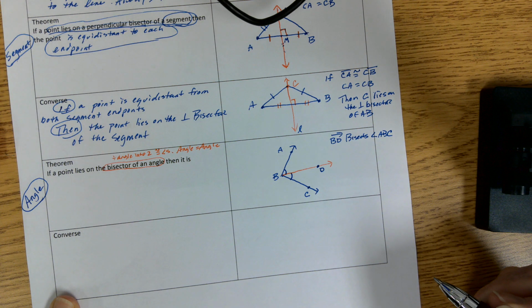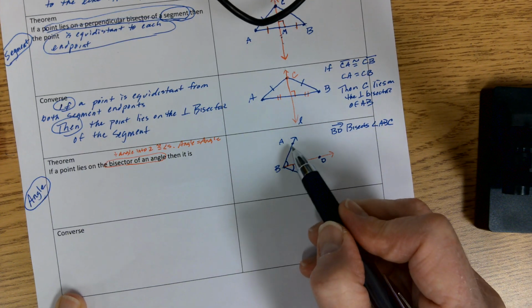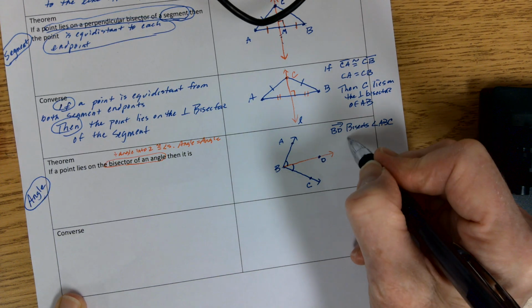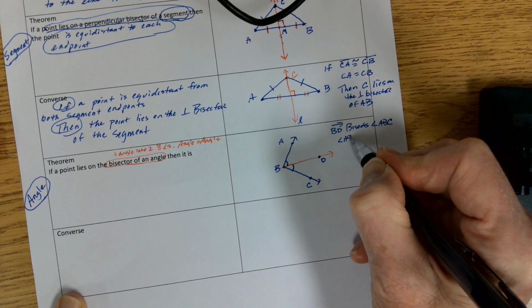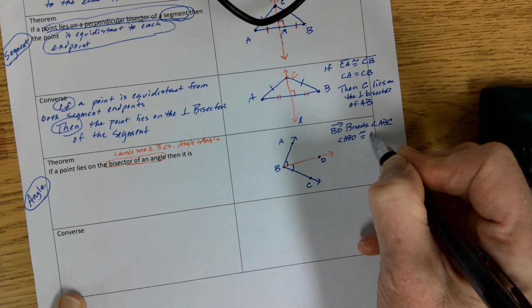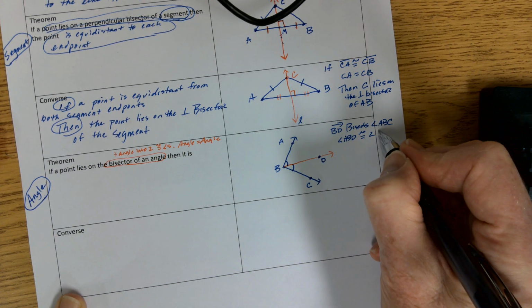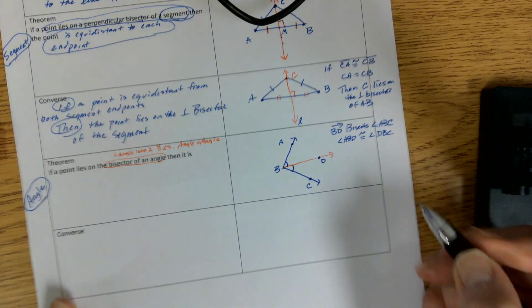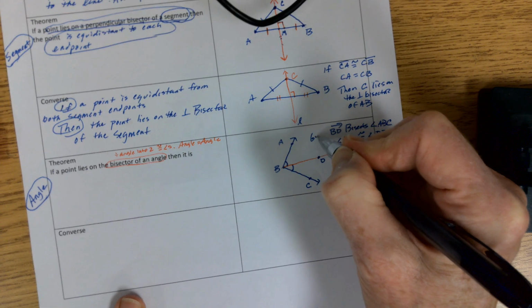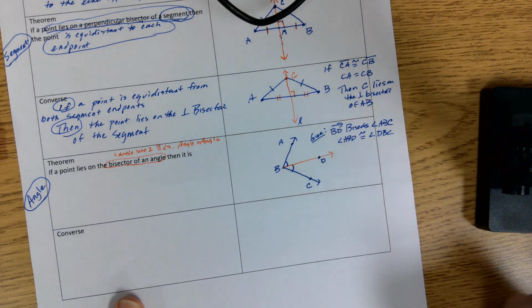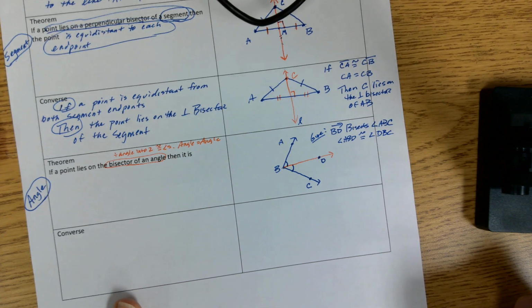Okay? Ray BD bisects. That means angle ABD is congruent to angle DBC. Okay? If all this is true, this is what I'm giving you. I'm telling you that's true.